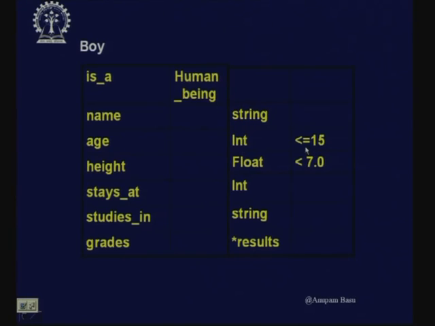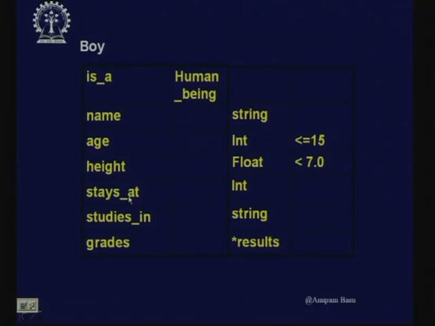The next thing is, in addition to these types, I can put in predicates. Now, what are these predicates? There are two types of predicates in general, if needed and if added. If needed predicates state how to find or compute a value.